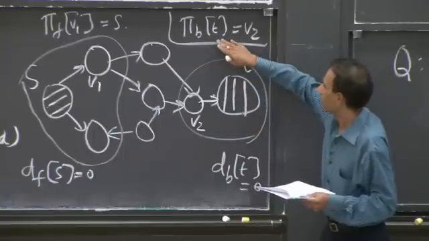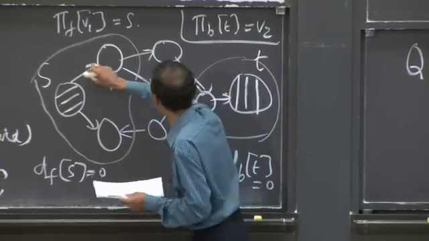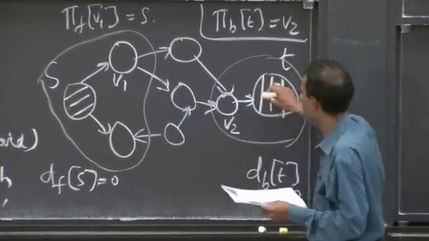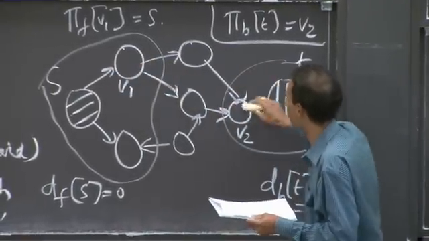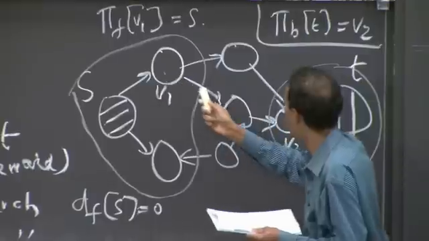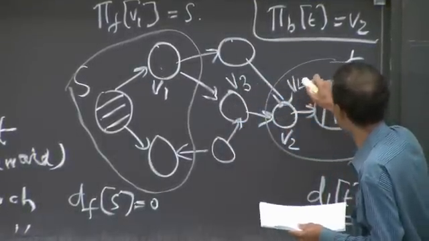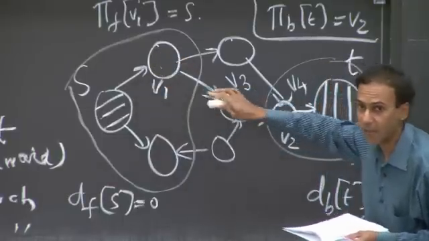All right. So what I have here is, when I look at the path that goes this way, S is the predecessor of V1. V1 is the predecessor of, let's call this V3. V3 is the predecessor of V4. I'm just talking about the regular forwards path.